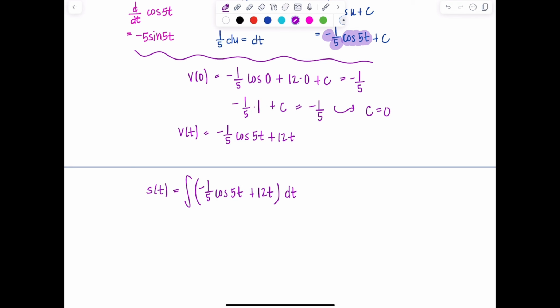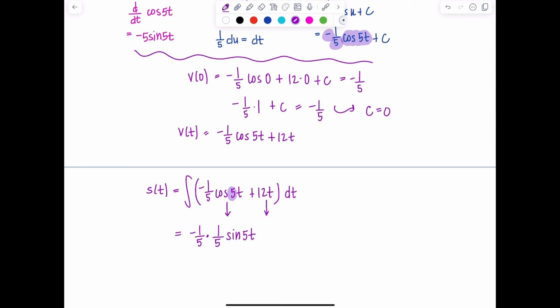Again, you could use sub, or we could just say, hey, I'm going to divide by 5. So antiderivative of cosine 5t is going to be just 1/5 sine 5t. And I already have another negative 1/5 out there, so you leave that one, you add another 1/5, and then we have sine 5t.